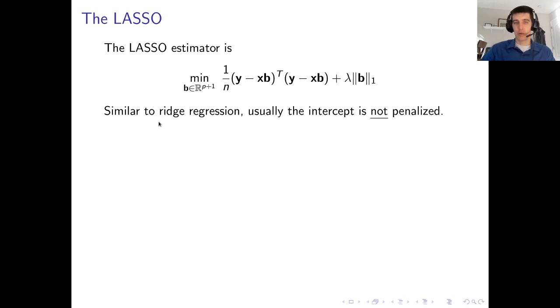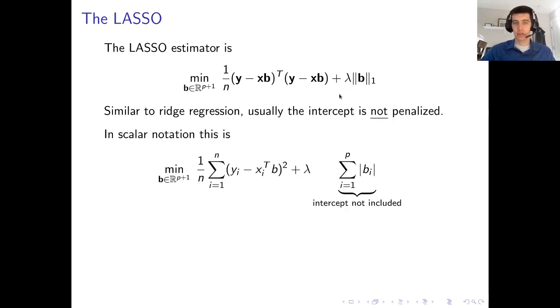Similar to ridge regression, it's typical that the intercept is not penalized here. So you can write this as summing the absolute values of the non-intercept entries, the same way that in ridge regression you sum the squares of the values of the non-intercept terms.